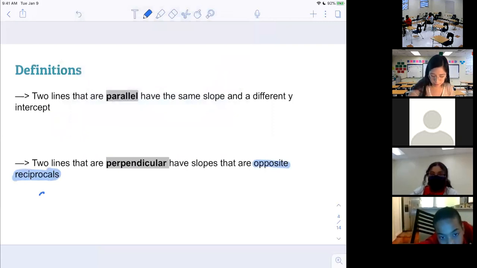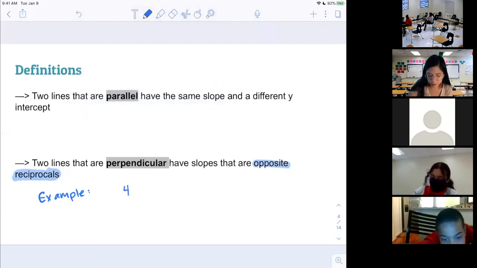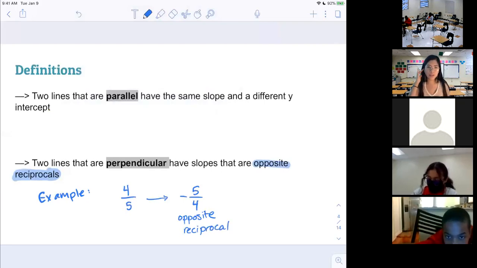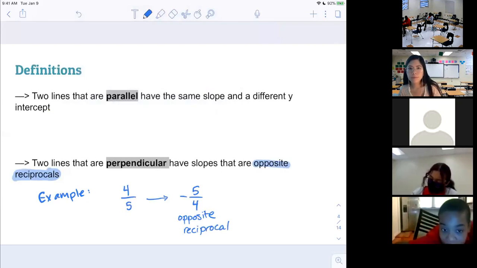So I'm going to write an example. What is the opposite reciprocal of 4/5? Good. Negative 5/4. This is the opposite reciprocal. So take 30 seconds to a minute to write down these 2 definitions. Yeah, Tyrone, good.